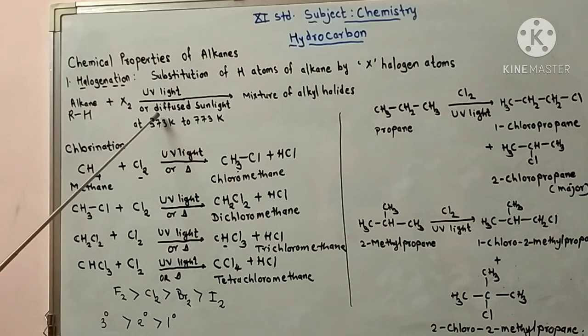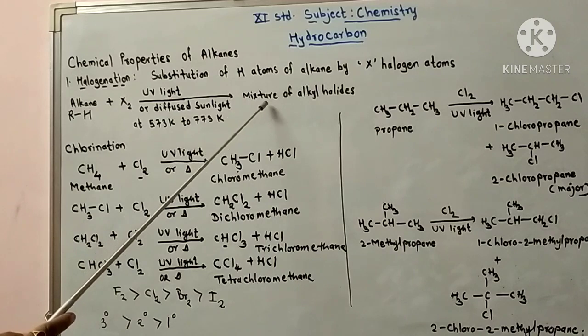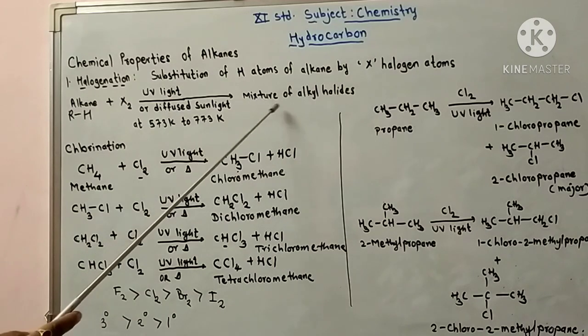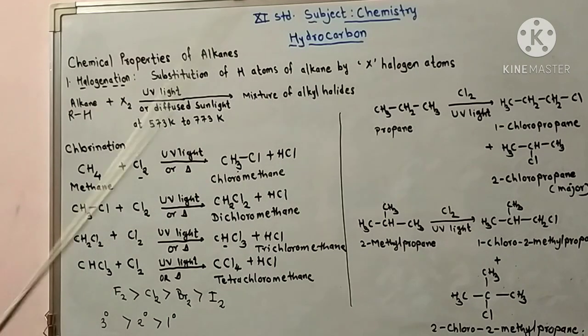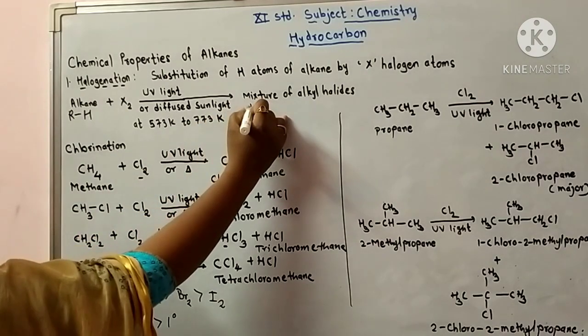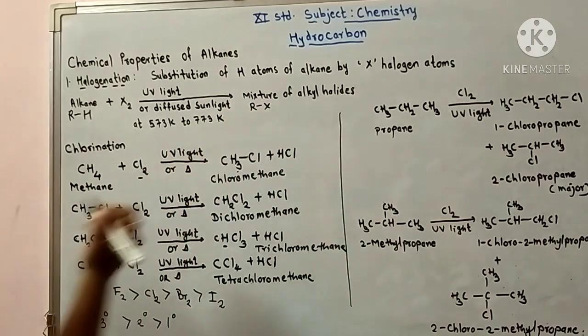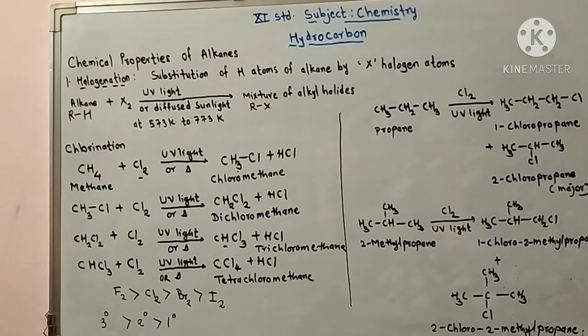These are the reaction conditions. In this, a hydrogen atom is replaced by a halogen atom and it gives a mixture of alkyl halides, RX. So a mixture of alkyl halides is obtained. This is the general formula for alkyl halide. Let's see the chlorination reaction.